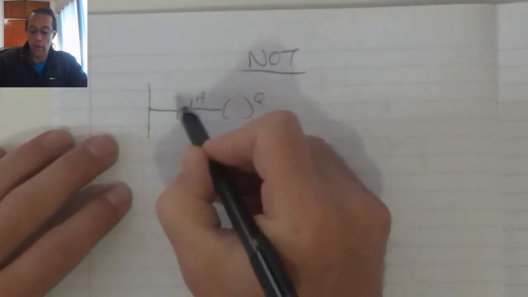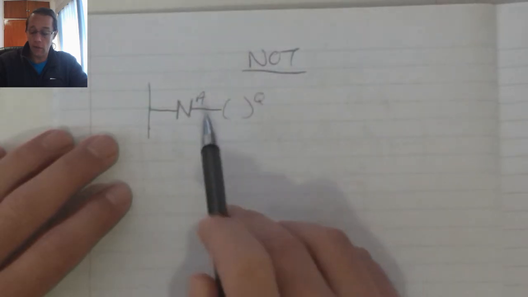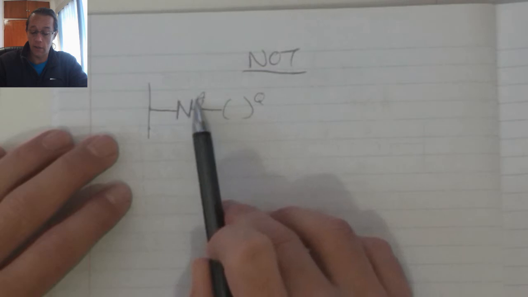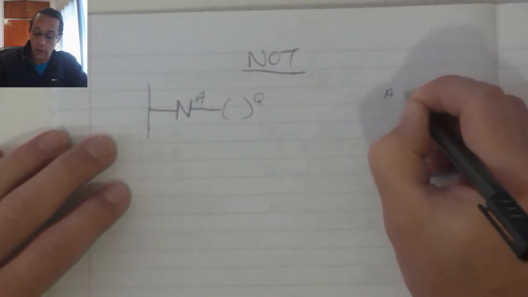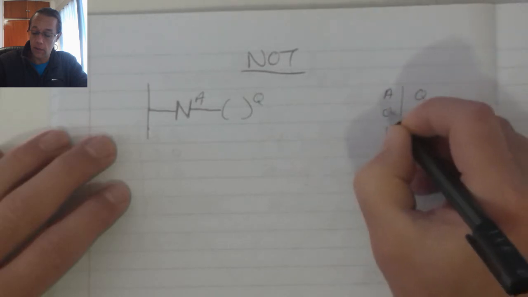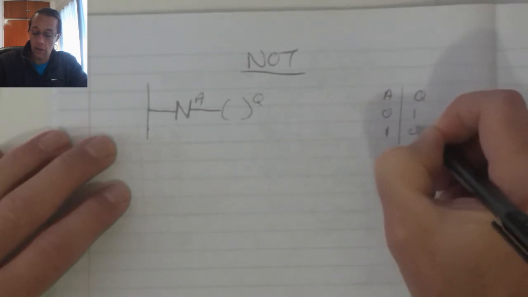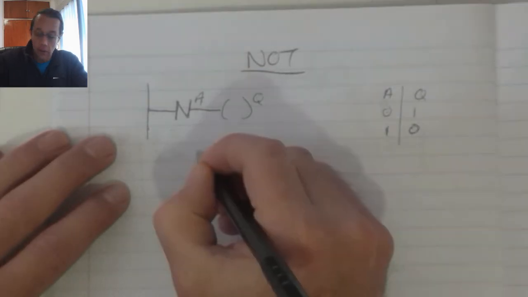What that basically does is it tells the PLC that if A is a 1, it must read it as a 0, and if A is a 0, it must read it as a 1. So comparing A and Q, if A is 0, Q is going to be on, and if A is on, then Q is going to be off.